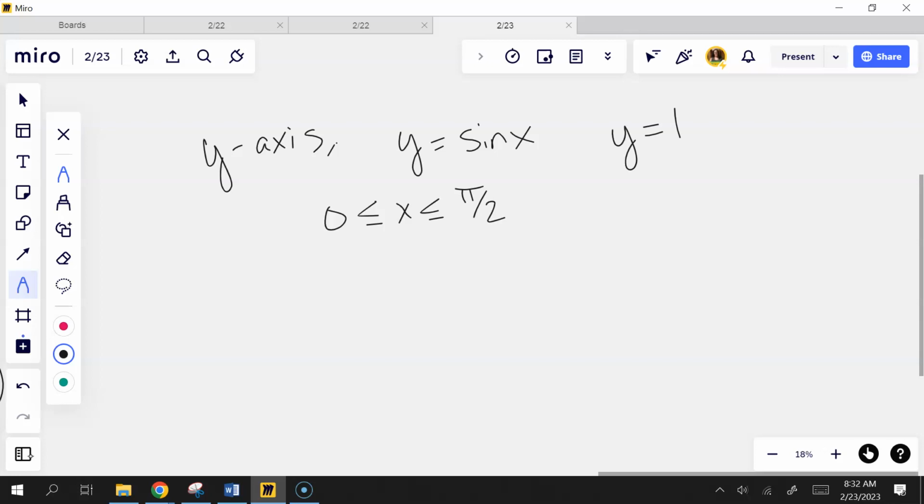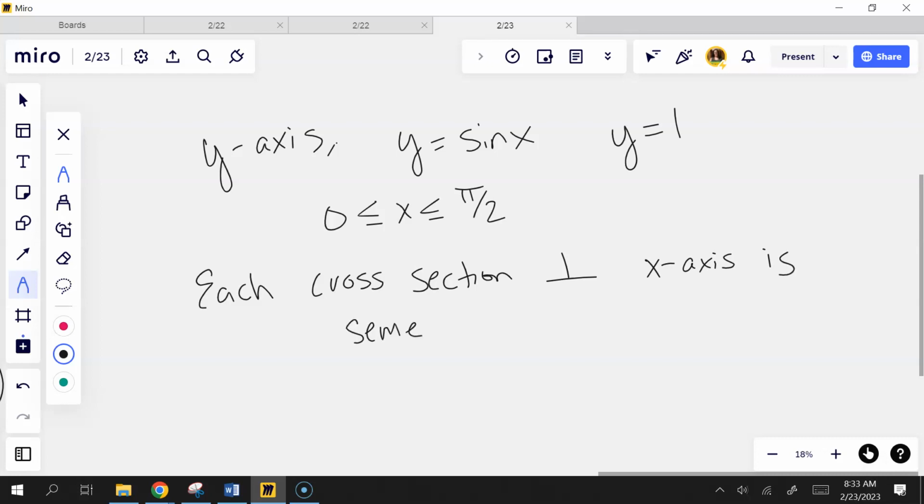And let's say each cross section, they say perpendicular to the y-axis. Let's do it with respect to x. Let's say each cross section perpendicular to the x-axis is a semicircle.